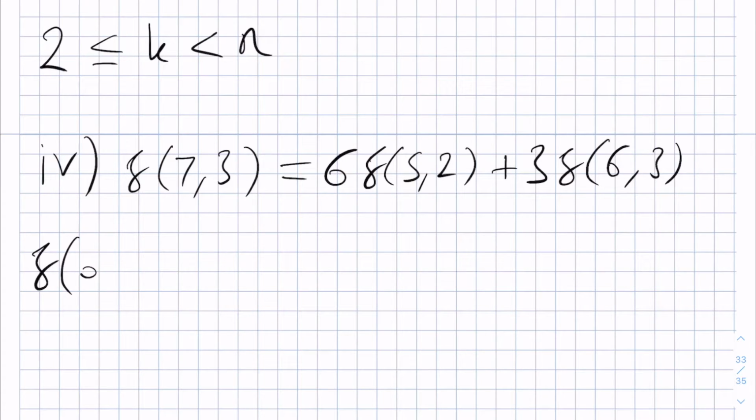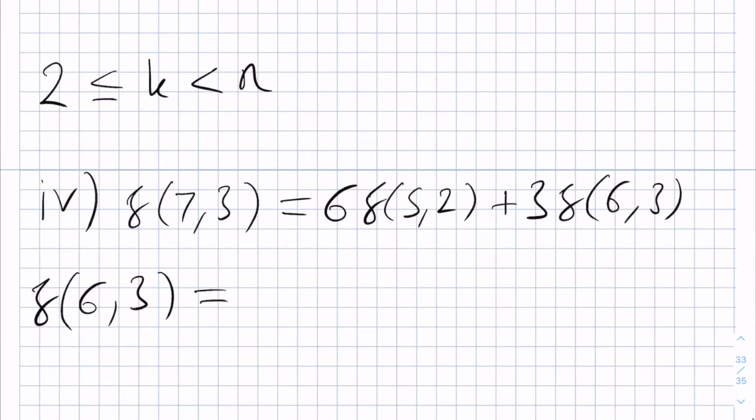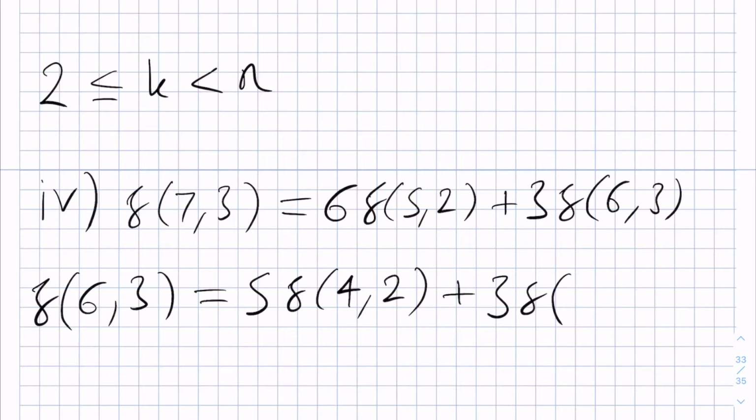So f(6, 3) is going to be equal to, well, n is 5, and so we'll have 5 f(4, 2), because k is 3, and then the other term will be plus 3 f(5, 3).